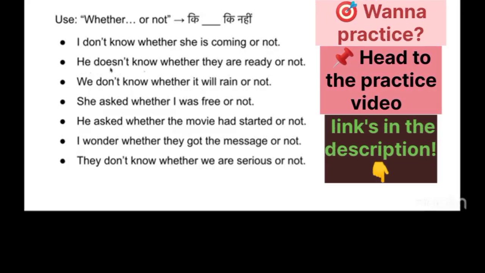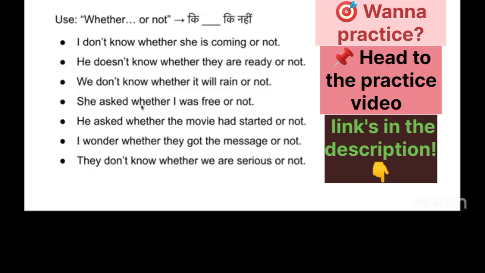Second one is he does not know whether they are ready or not. Same thing, two sentences, uncertainty, conjunction is whether. We don't know whether it will rain or not. So far you all know how to say we don't know. Okay, you know it will rain or not. It will rain. Two sentences.